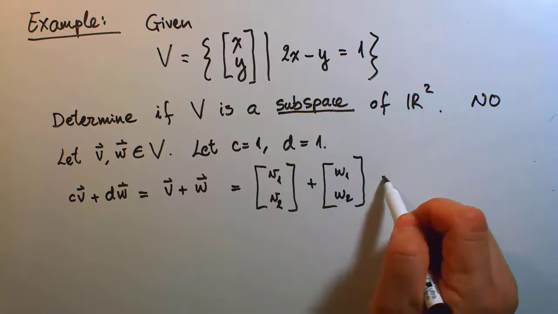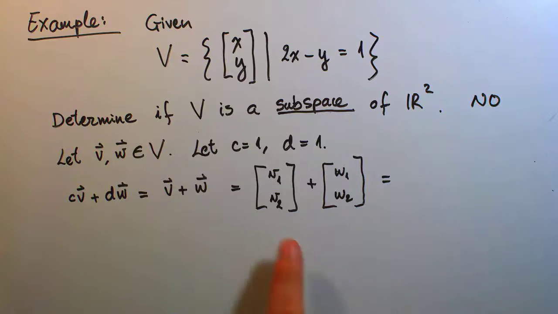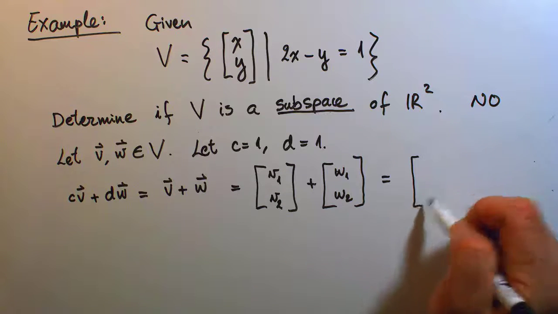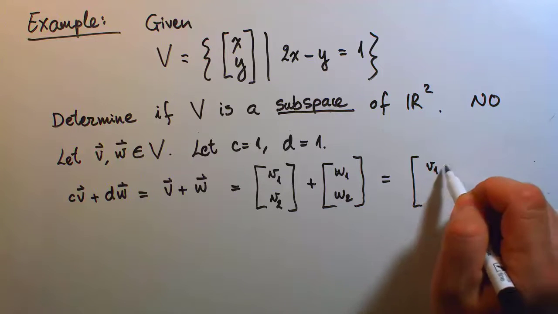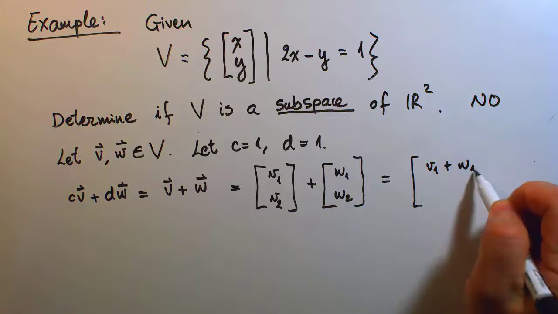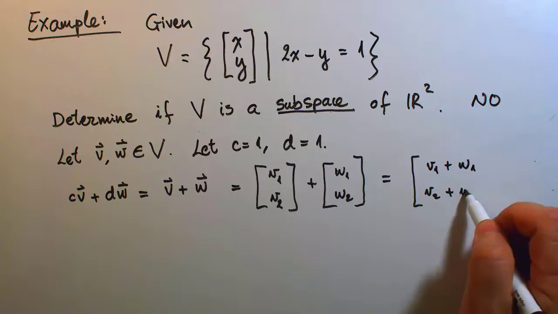Here I'm just talking about the expression and manipulations around V and W. So the sum vector must be (V1 plus W1, V2 plus W2).